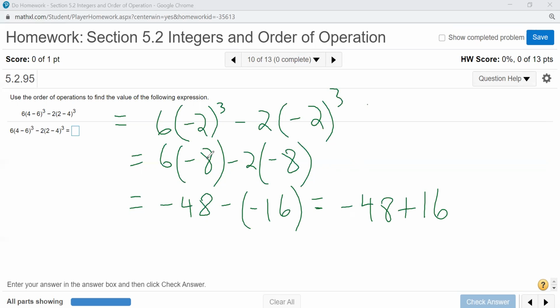It'll be negative 32. If you're unsure, just realize negative 48 is larger in absolute value, and it's negative, than the 16 is. So we know the answer will be negative, and then we can secretly kind of do 48 minus 16, which correct will be 32. So it ends up being negative 32.